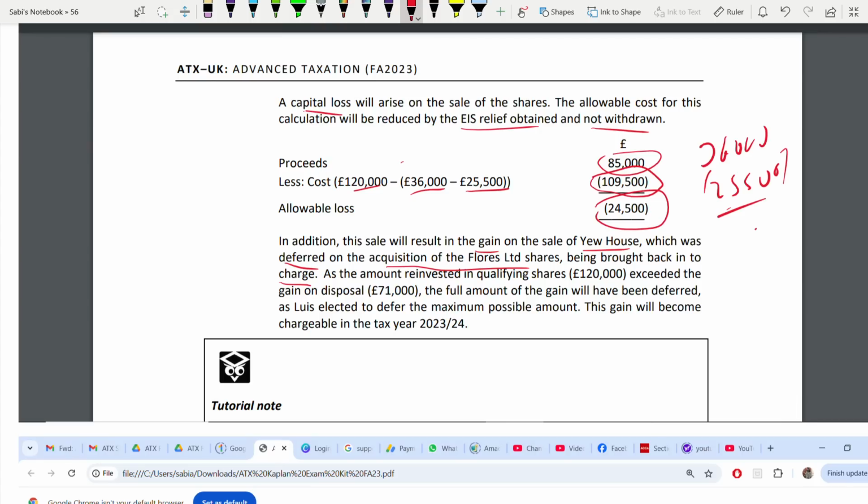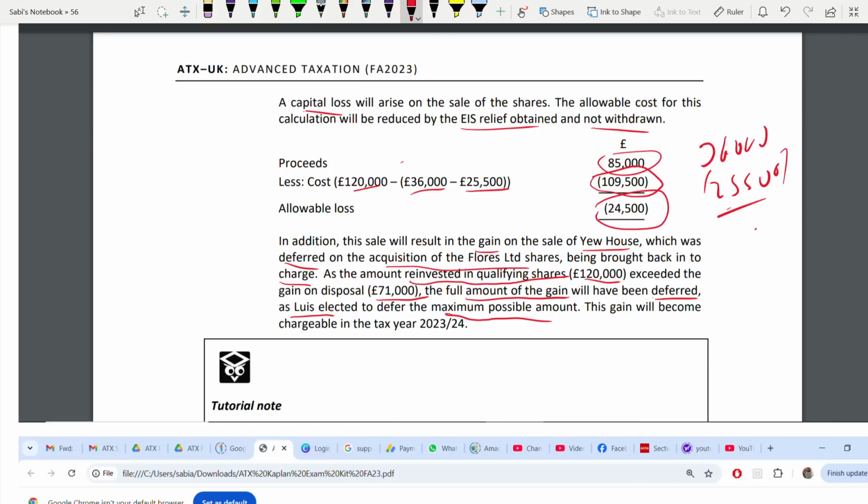So as the amount reinvested, how much did you reinvest in qualifying shares? 120,000. What was the gain on disposal of the house? 71,000. You have reinvested 120,000, more than the gain. So the full amount of the gain will be deferred. Why the full amount? Because always refer to the case study. They told us Louis elected to defer the maximum amount.